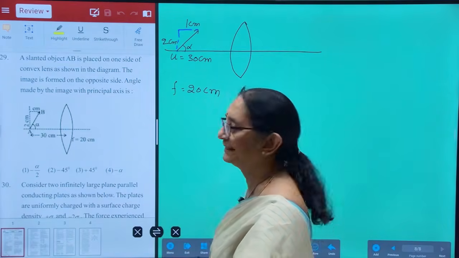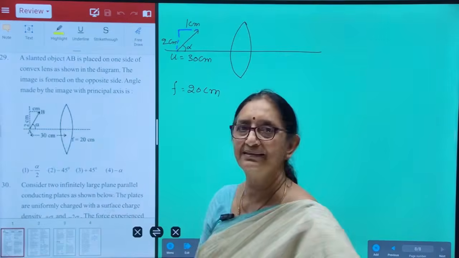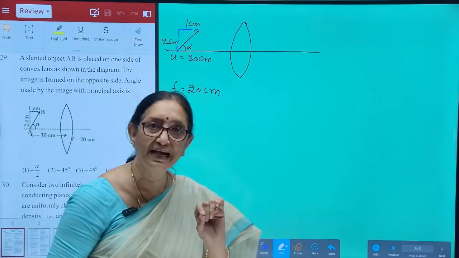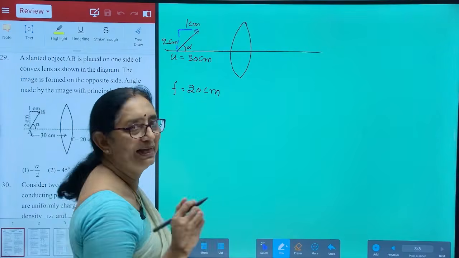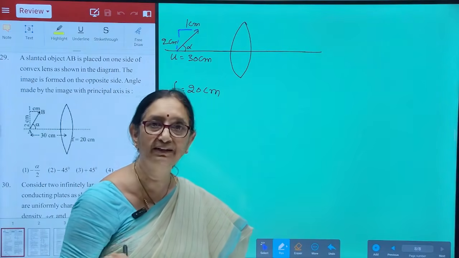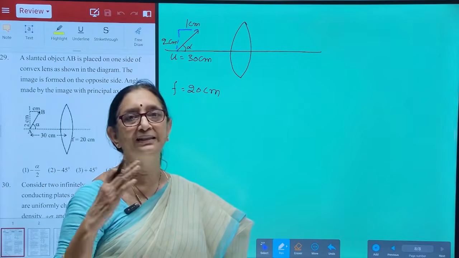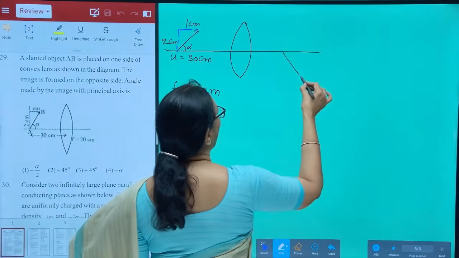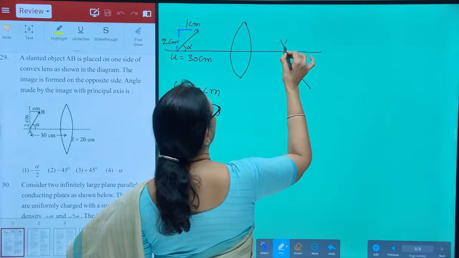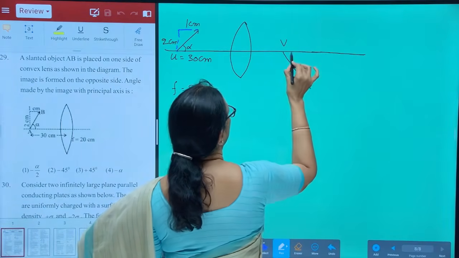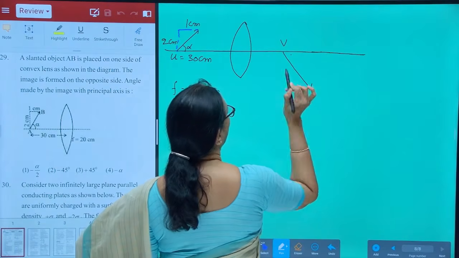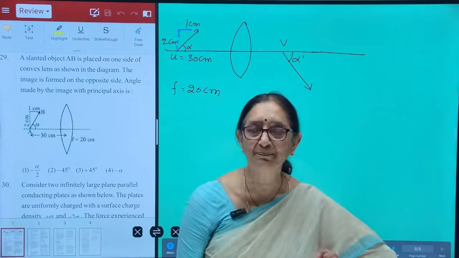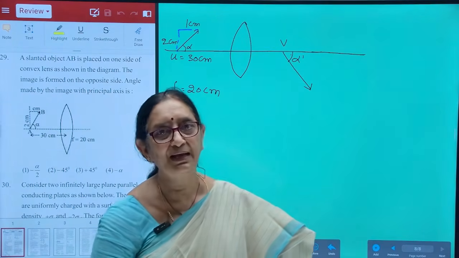Focal length is 20 centimeters, object distance is 30 centimeters. So the object is placed between F and 2F. So a real, inverted, magnified image will be formed on the other side of the convex lens. Let us imagine this as the position of the image distance. So the image will be like this. This is the new angle made by the image with the principal axis.